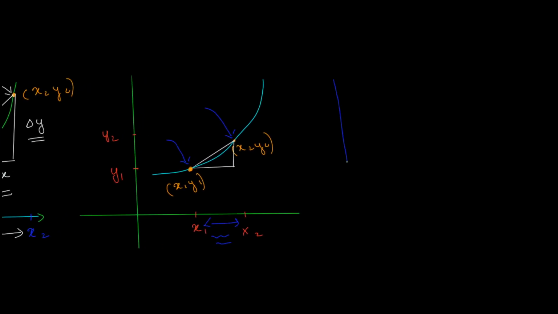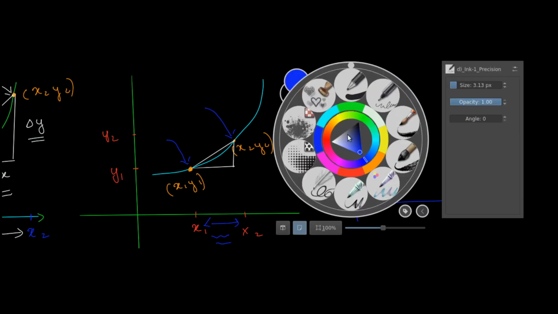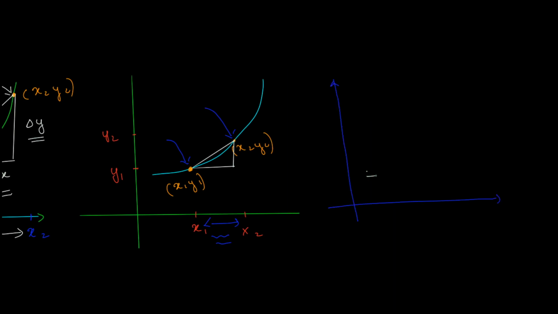Maybe I'll draw a very rough diagram this time. Let's say this is x-axis, y-axis. You have your curve, it is going to be messy this time. This time I'll choose points very, very close to each other, much closer than the previous case, maybe like that.